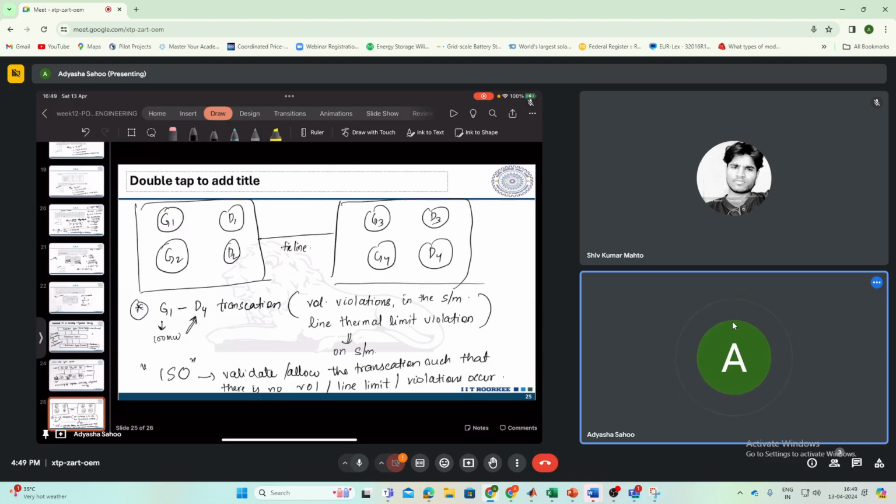This is briefly the concept of ancillary service. For that purpose, we need this independent system operator, who will basically say yes or no.